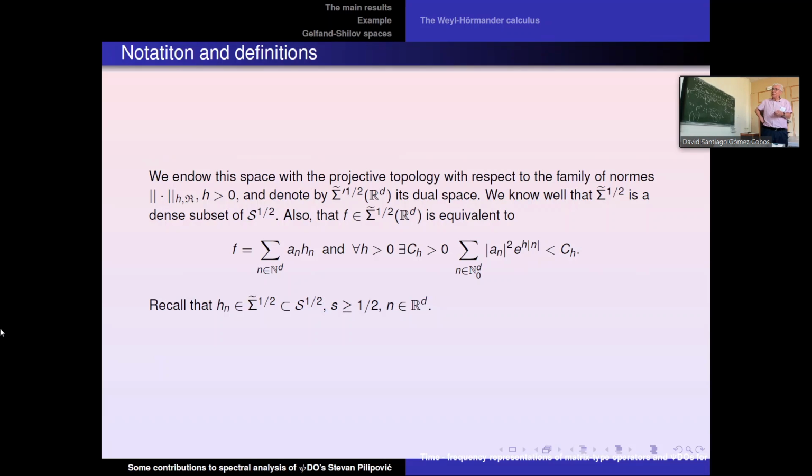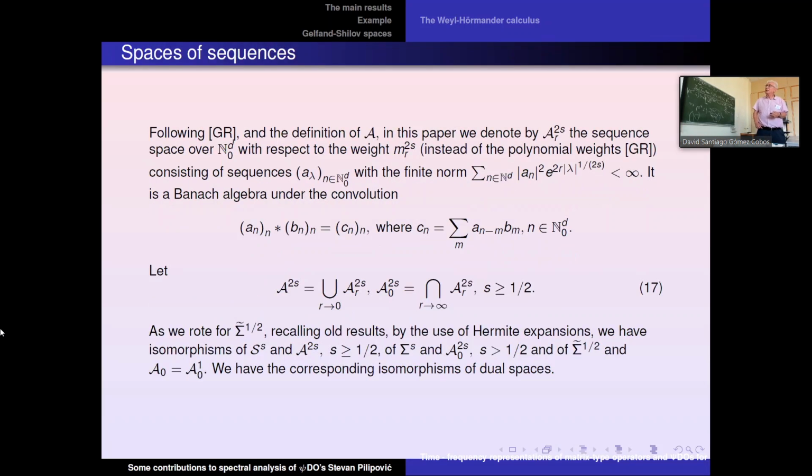Because nothing can be gotten if you try to define that space by using differentiation and multiplication by polynomial. So this will become clear later in my talk.